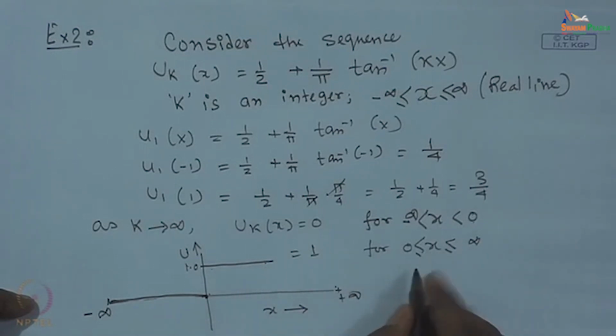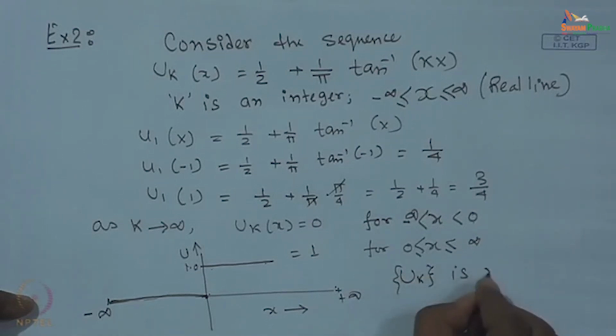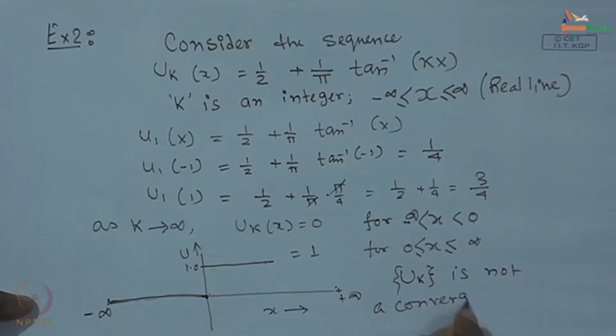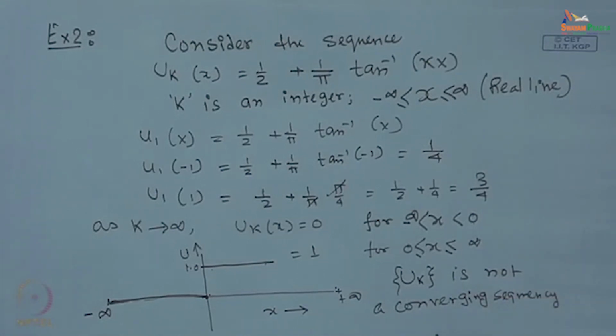The conclusion is that the sequence u_k is not a converging sequence and the space comprising this sequence is not a Cauchy sequence.